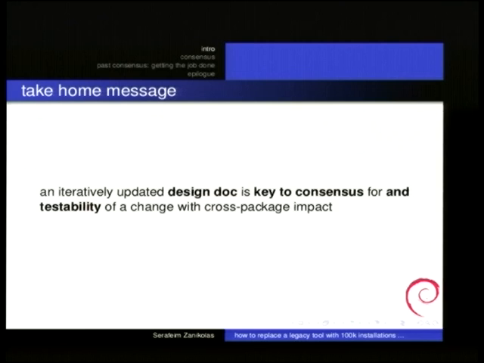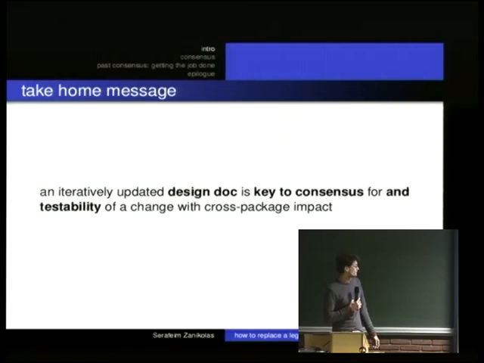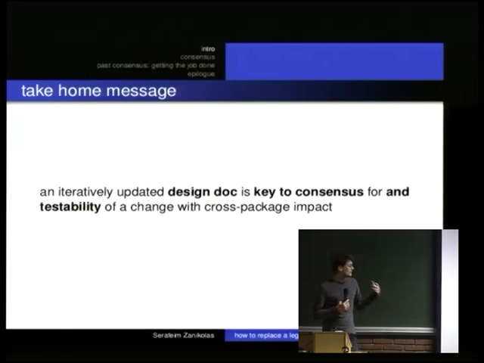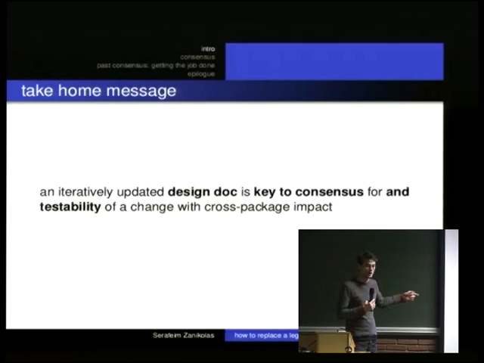And this is the message I'd like all of you to go away with at the end of the talk. So the idea is that in replacing a tool with a large number of installations and a large number of reverse dependencies, something that helps a lot is having a design document to describe the new tool, and having a written description of the new tool is key for getting to consensus, for convincing the people that we have to update their packages to use the new tool.